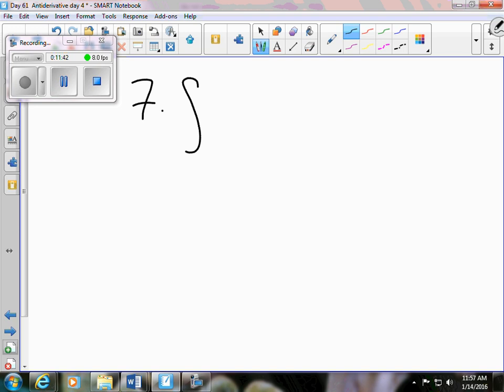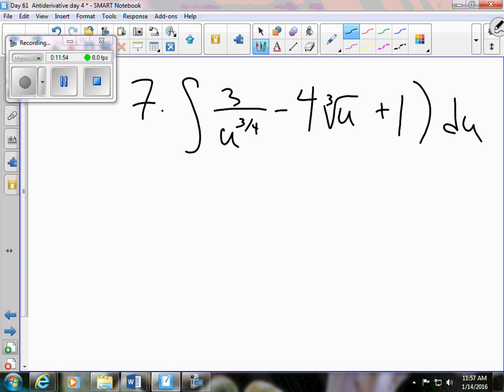Number 7. Okay, so we're integrating 3 over u to the 3/4 minus 4 times the cube root of u plus 1. So the first thing we have to do is rewrite this so we can use our power rule. The first term, how can I rewrite that? 3u to the negative 3/4.